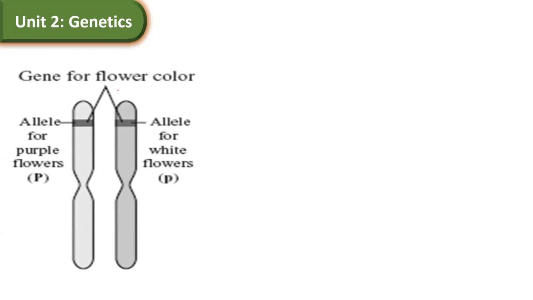Let's go back again to this example, the gene for your flower color. Remember that this is only the gene for your flower color, wherein this comes from the father and this comes from the mother. So both father and mother contributed to the allele of your flower color. Another way to represent this second law of inheritance is by looking at this example.